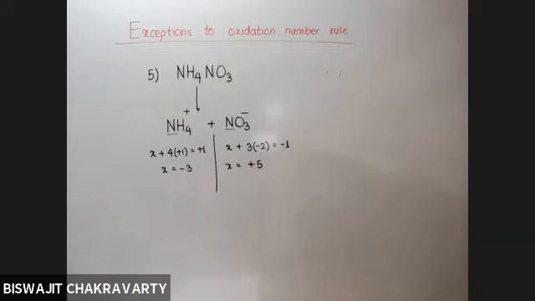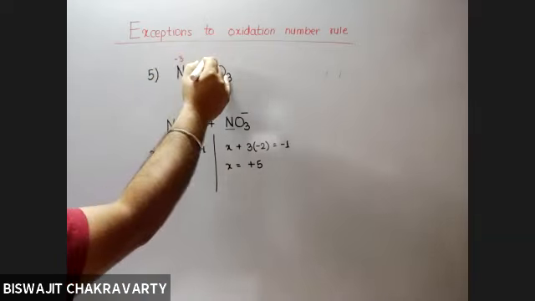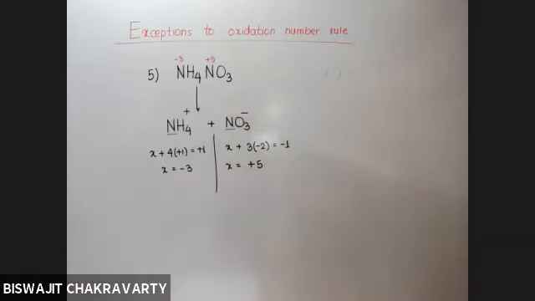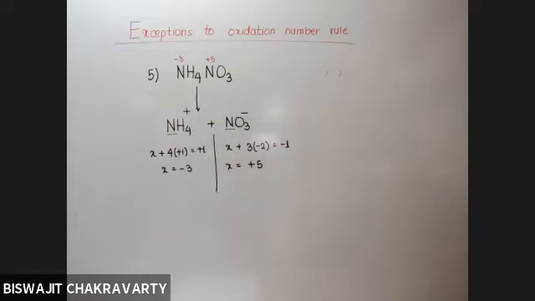That means even though there are 2 nitrogens, both of them are in completely different oxidation states. One of them is -3 and the other is +5. But if I had mixed them, saying this is x, this is also x, I would not have got any one of these values. Rather, I would have got the average of the 2 values. Is it clear now? Yes, sir.